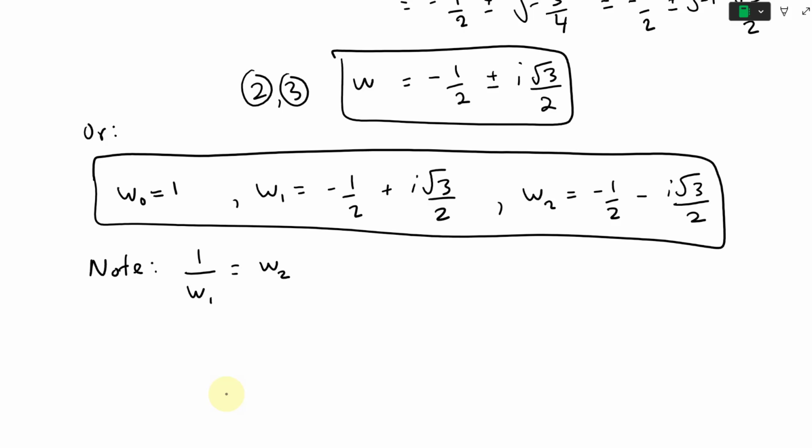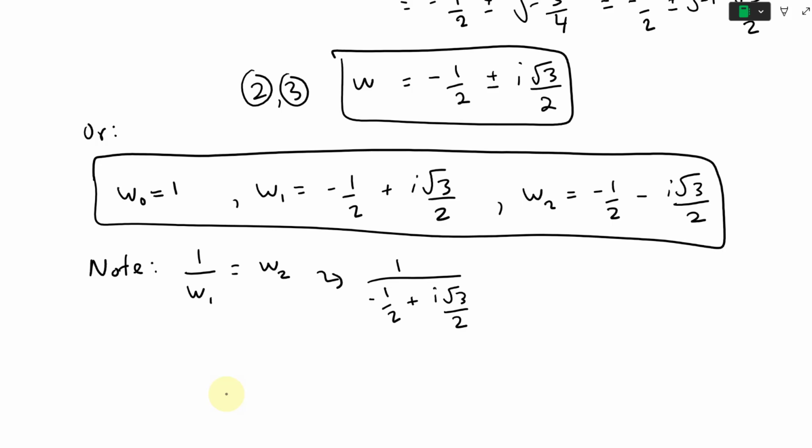We can see this by changing to polar coordinates and so on, but I'll just do this the brute force way. This will be helpful when we put everything together in our solution. So 1 over w1, which is 1 over negative 1 over 2 plus i square root 3 over 2.